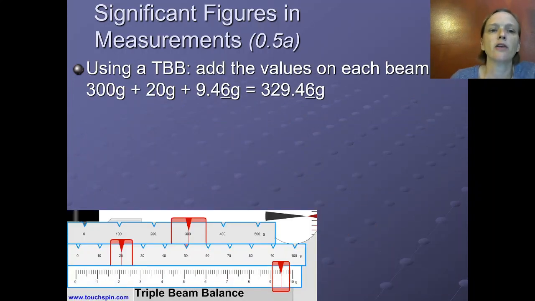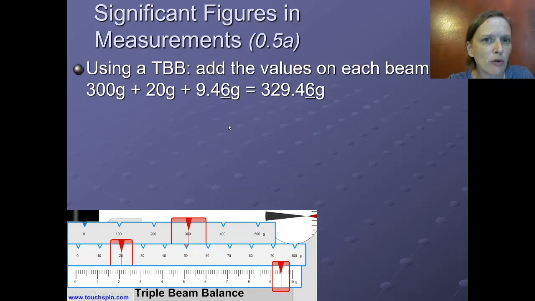So let's look at other kinds of measuring tools, like a triple beam balance. When you're using a triple beam balance, you have to add the values on each beam. So in this example here, I have 300 grams on the hundreds beam, 20 grams on the tens beam, and here on the grams beam, I have 9.4. It's definitely more than 9.4, but it's not all the way up to 9.5.